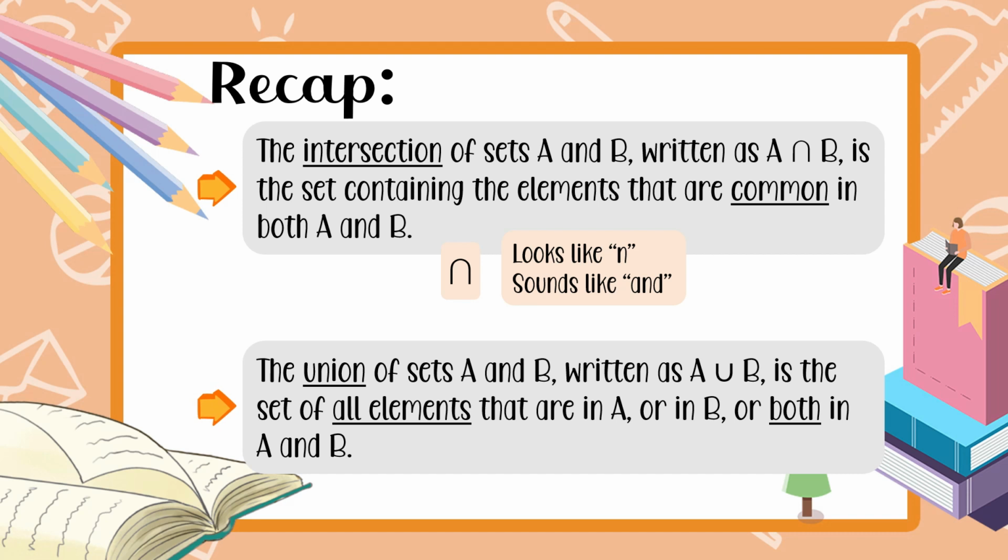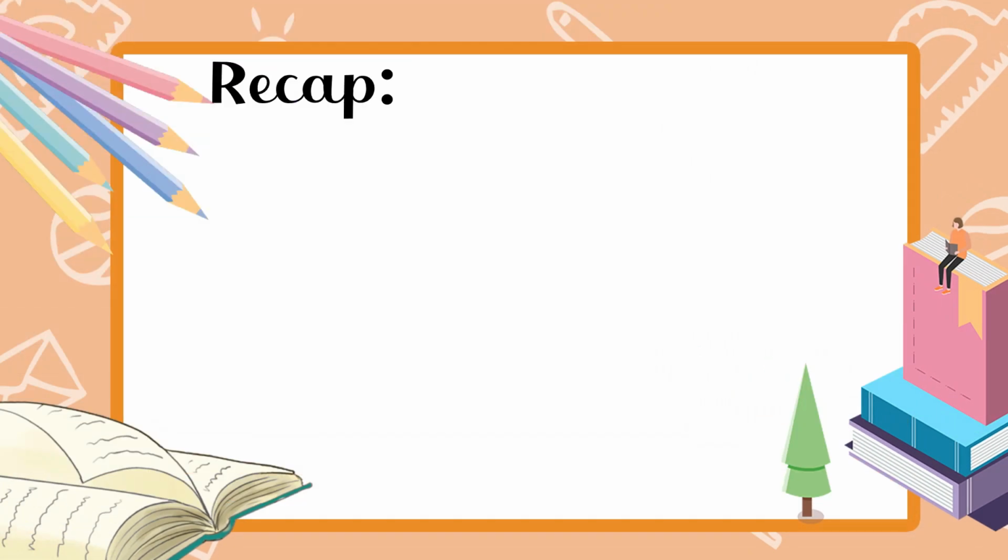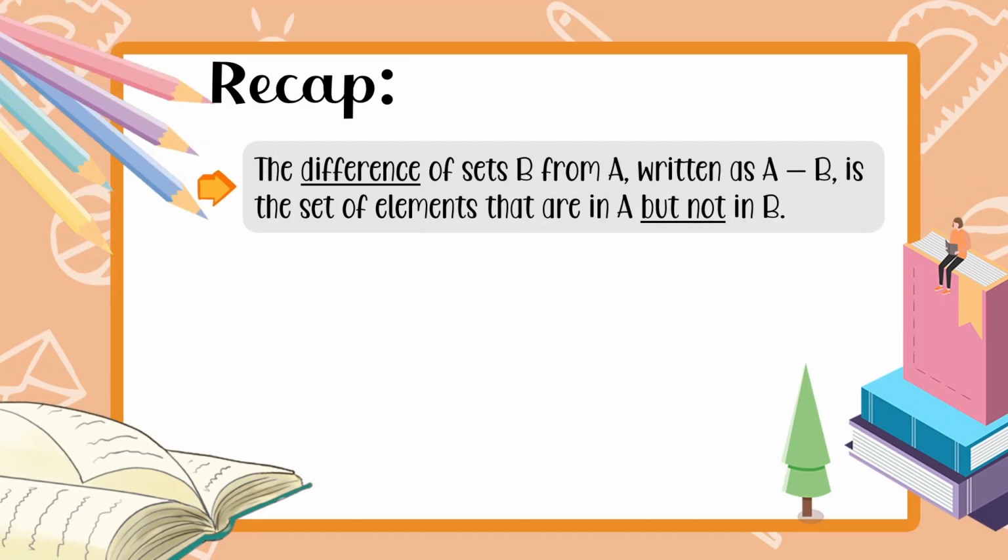The union of sets A and B naman, written as A union B, is the set of all elements that are in A or in B, or both in A and B. And the symbol for union looks like U and stands for union. The difference of set B from A, written as A minus B, is the set of elements that are in A but not in B.